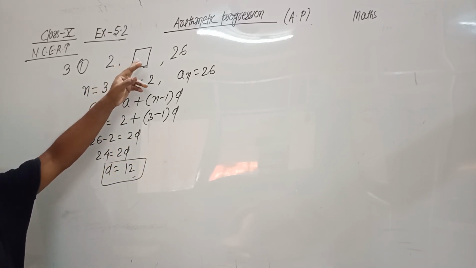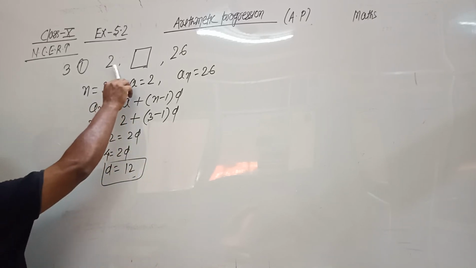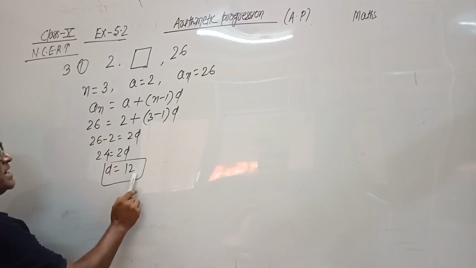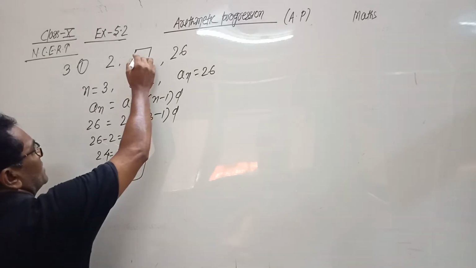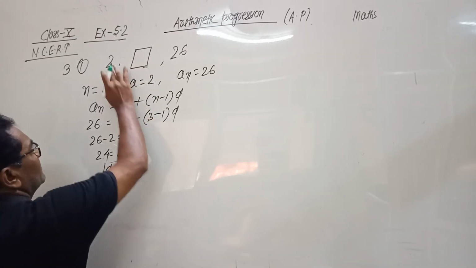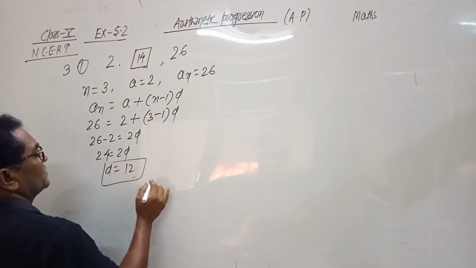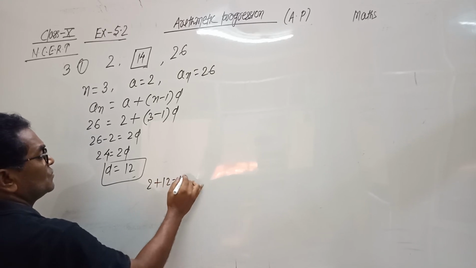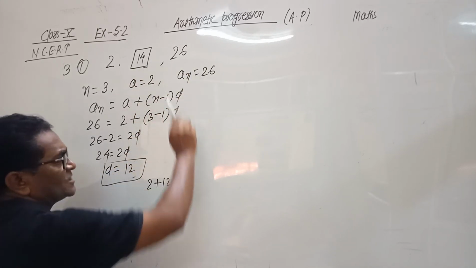For finding the next term, what do we do? We add the common difference. So the common difference is 12, and this missing term is found by adding it to the first term. So 2 plus 12, we get 14.